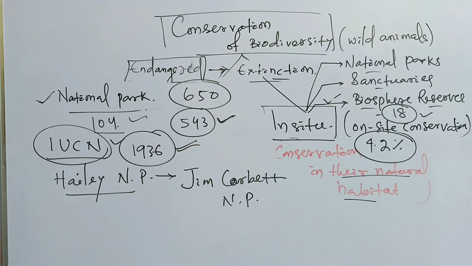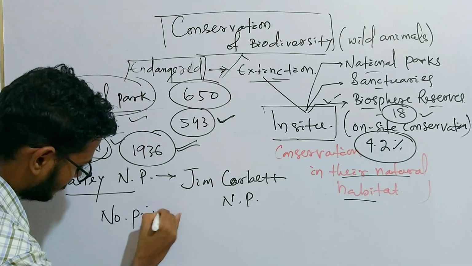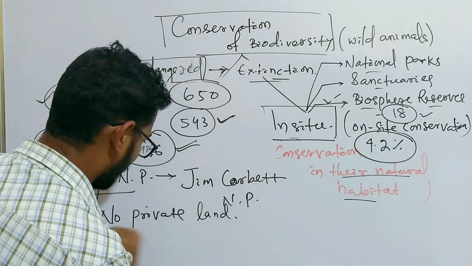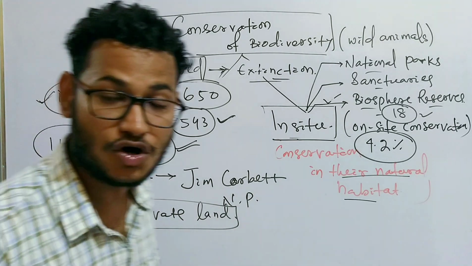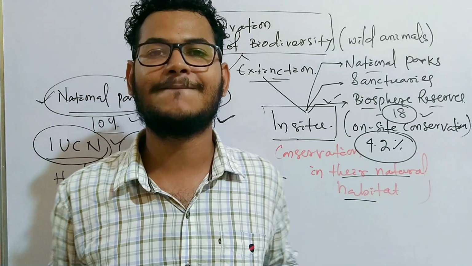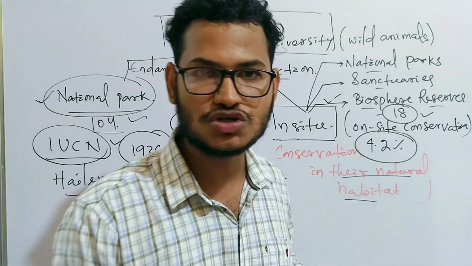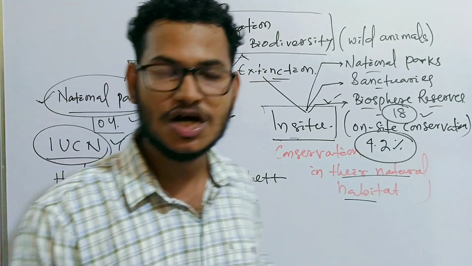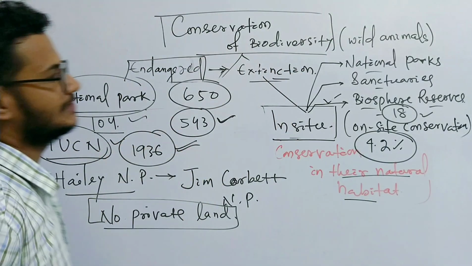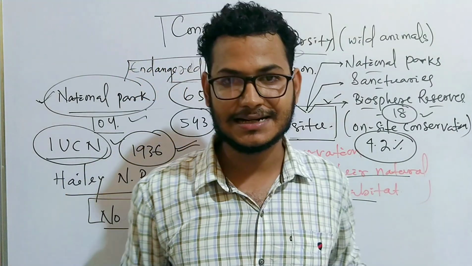1936. And remember, in a national park area no private land is allowed. The boundary of the national park is very strict and well developed, so that no hunting and poaching of animals is allowed, no human interference is allowed, no human activities are allowed inside the national park, so that the animals can wander here and there happily without any disturbance.